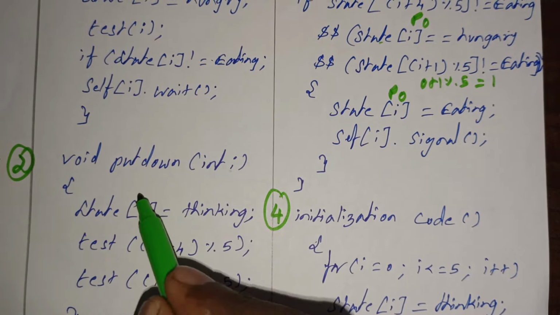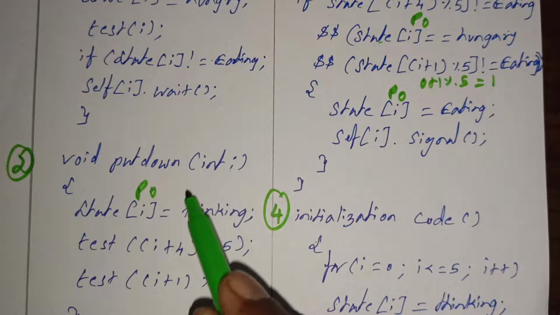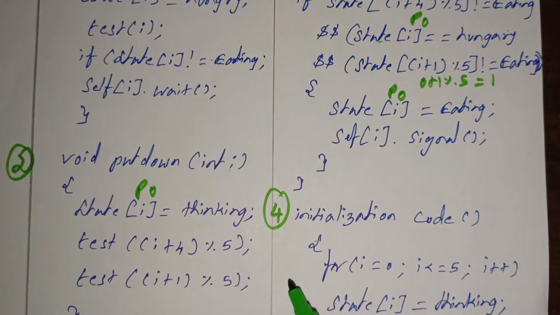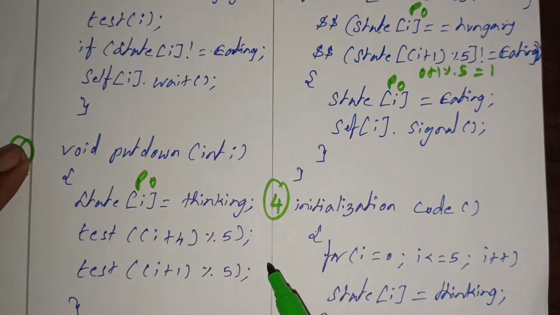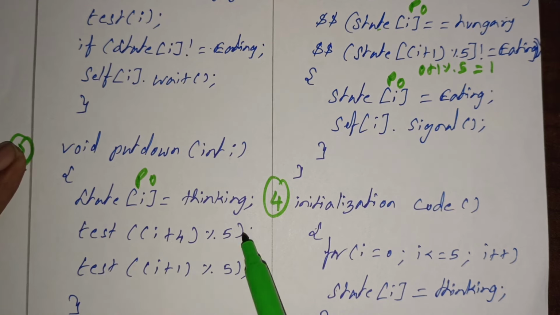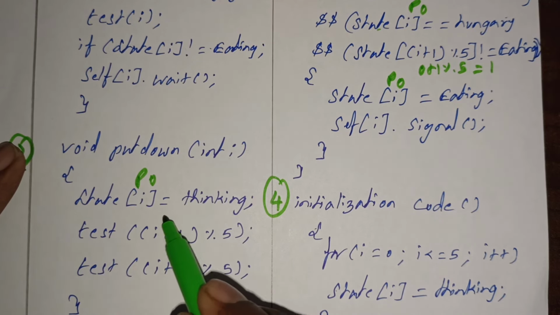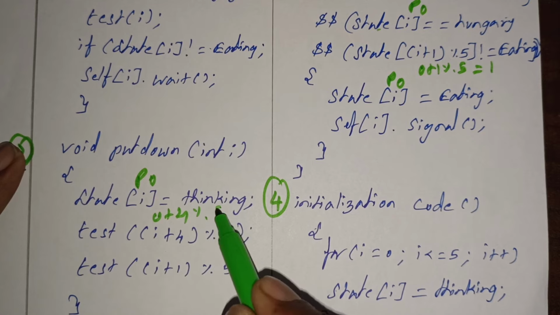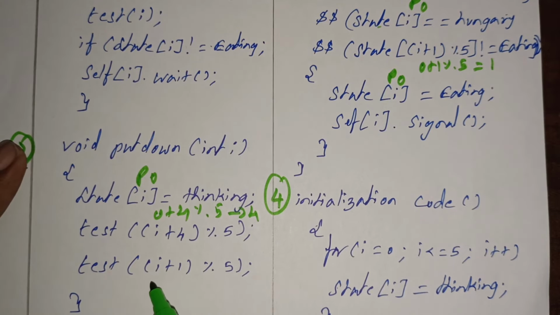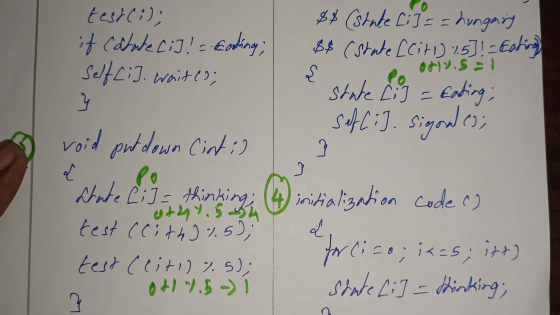If my state, that is P0, wants to move into thinking state. Thinking state in the sense what? I have nothing to do, right? So again I am going to thinking state. So it will test. Again it will call this function test. (I + 4) % 5. What is I + 4? (0 + 4) % 5. The value is 4. You all know that. (I + 1) % 5. So (0 + 1) % 5. The answer is 1.